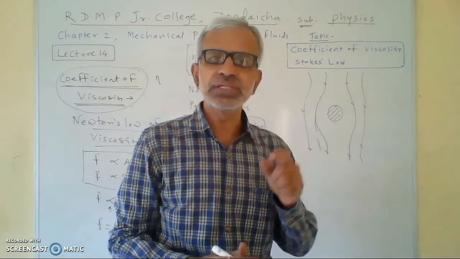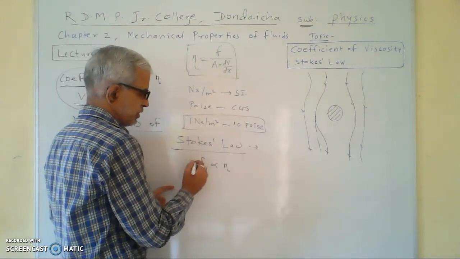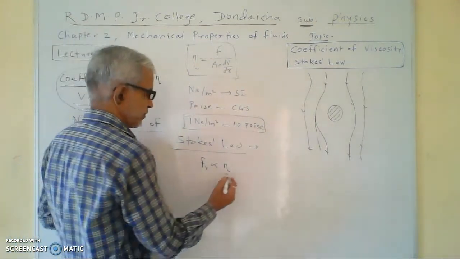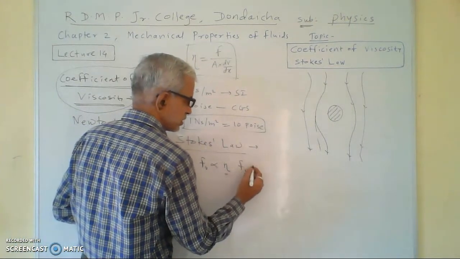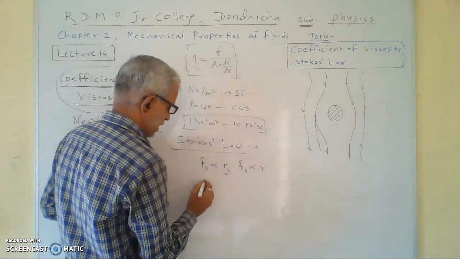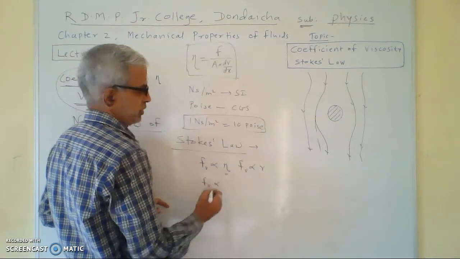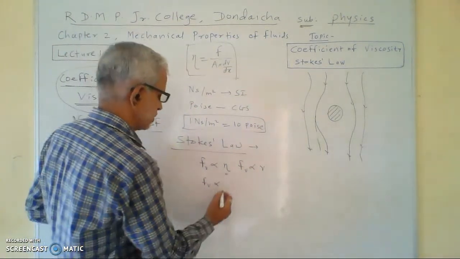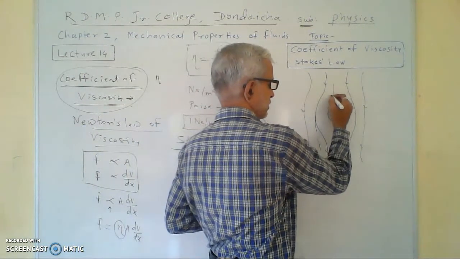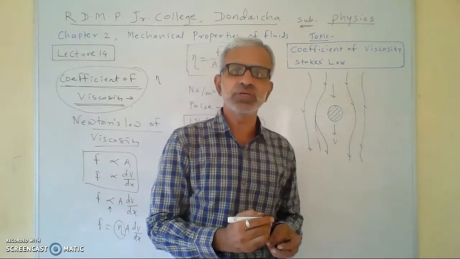Eta will be the coefficient of viscosity, and viscous force will be directly proportional to coefficient of viscosity. Viscous force is directly proportional to the radius of the sphere, and it will be directly proportional to the velocity of the sphere. The sphere is moving with a constant velocity, which is also called a terminal velocity.